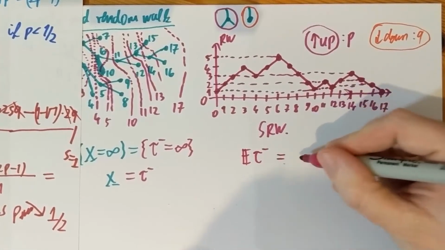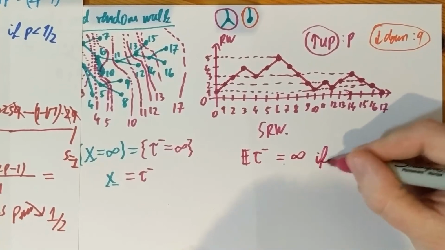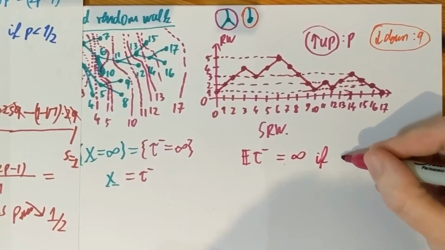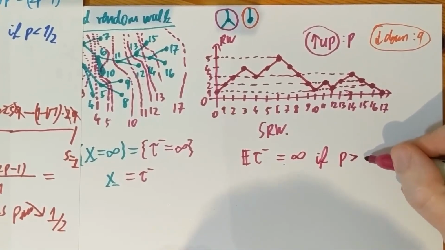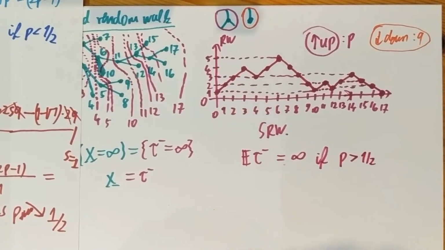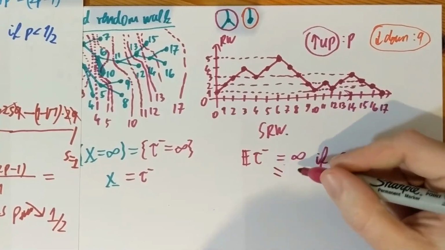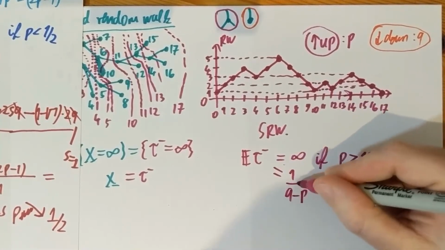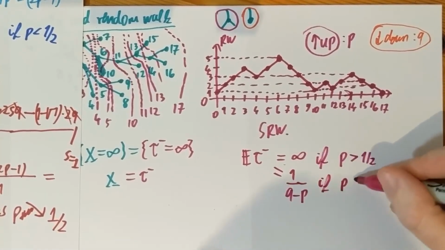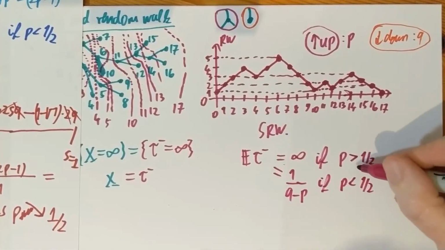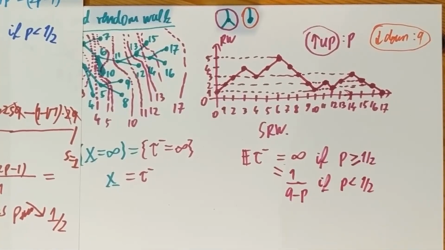So this is going to be infinite if P is bigger than 1/2, because that's when we have a drift to the right, and it's going to be 1 over Q minus P if P is smaller than 1/2. And in fact, when P is equal to 1/2, it's still infinite.